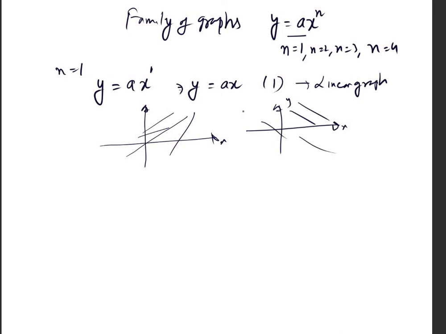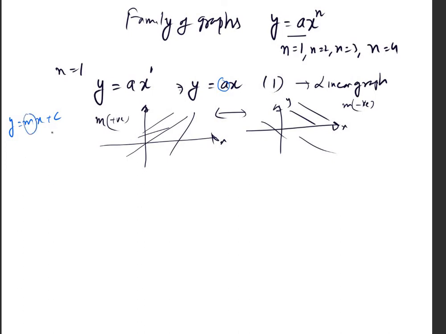What is primarily the difference between the two? The slope of this graph on the left is positive. And here the slope is negative. And what decides the slope? This a is the slope. My basic equation of the line is y equals mx plus c. m is nothing but a here.